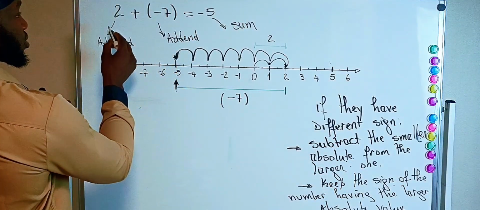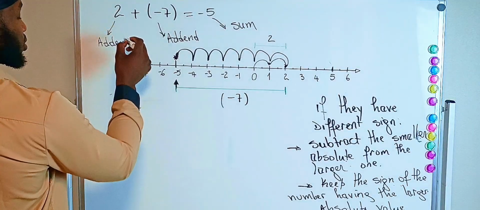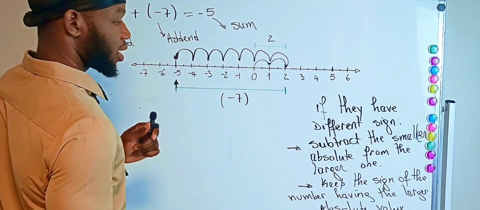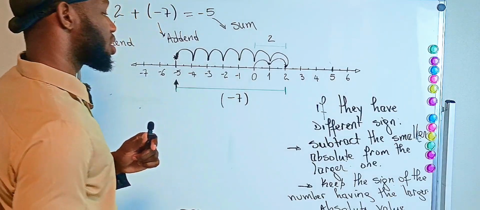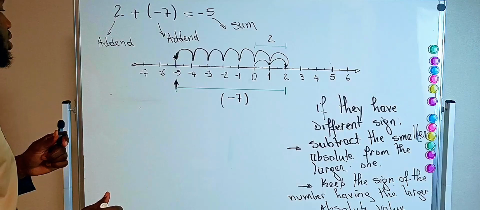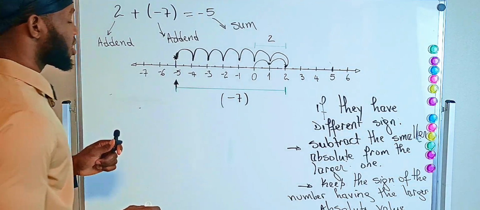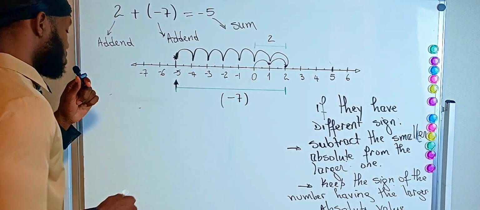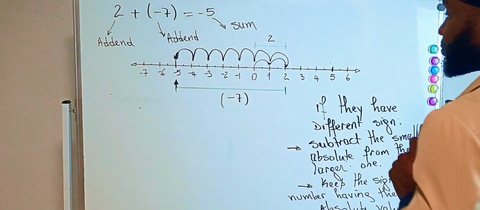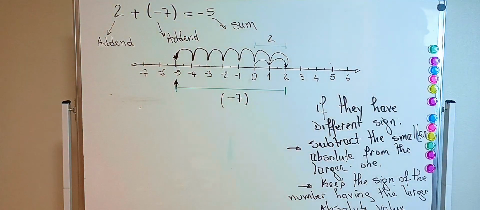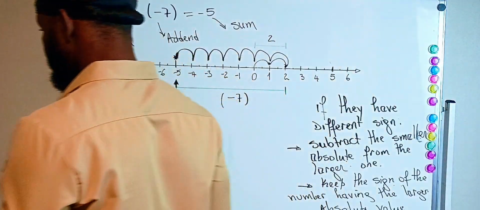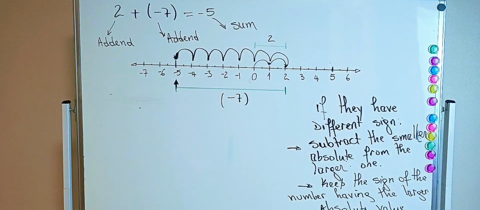The smaller absolute value is the 2. We subtract 2 from 7, and after that we keep the sign of the number having the larger absolute value. That means we keep the sign of 7. That's why the answer is negative 5. You guys understand that? There's nothing difficult over here. Easy stuff.